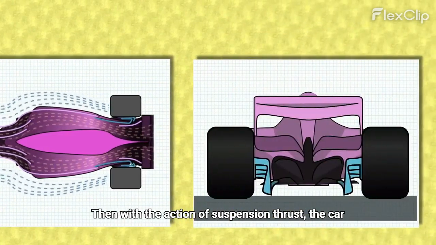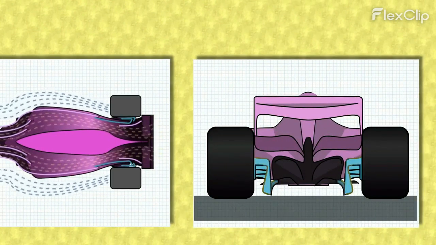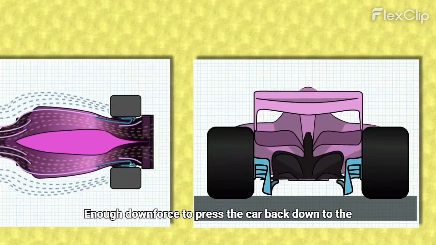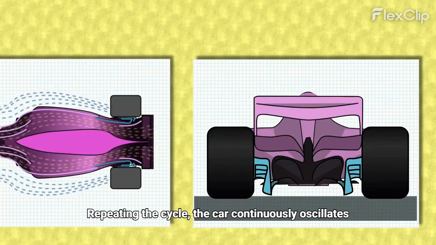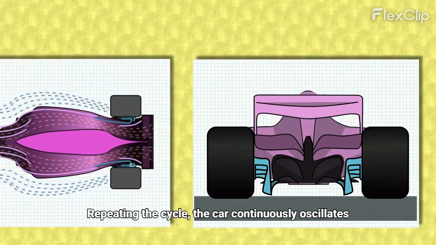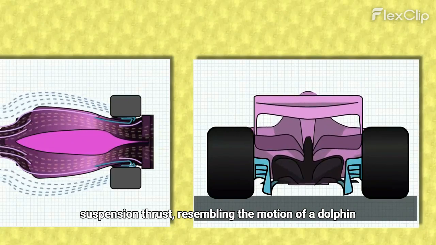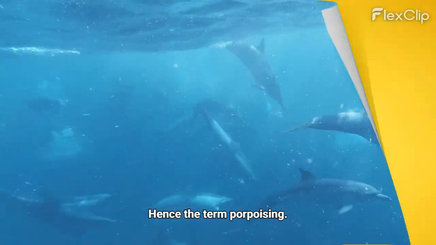Then, with the action of suspension thrust, the car returns to its original height. If the car is still at high speed, it will generate enough downforce to press the car back down to the ground, repeating the cycle. The car continuously oscillates under the alternating forces of downforce and suspension thrust, resembling the motion of a dolphin leaping out of the water, hence the term porpoising.